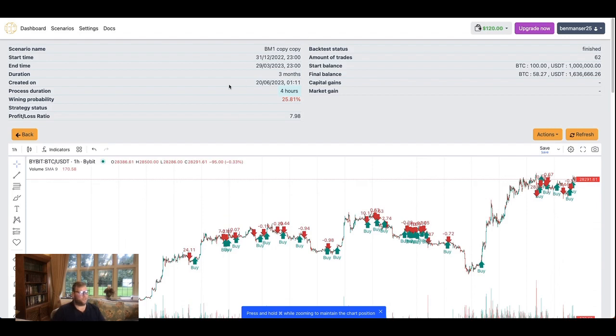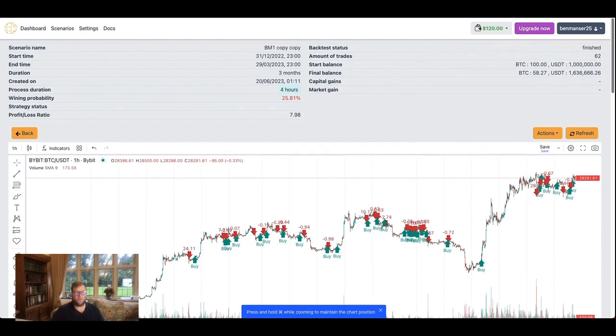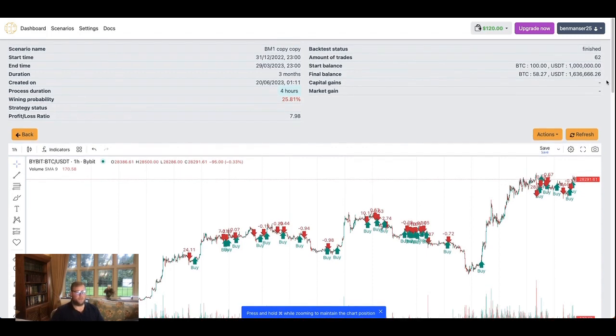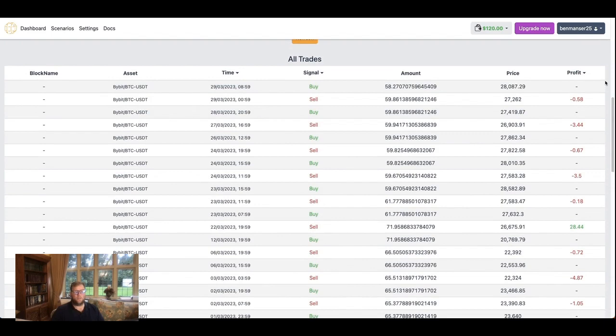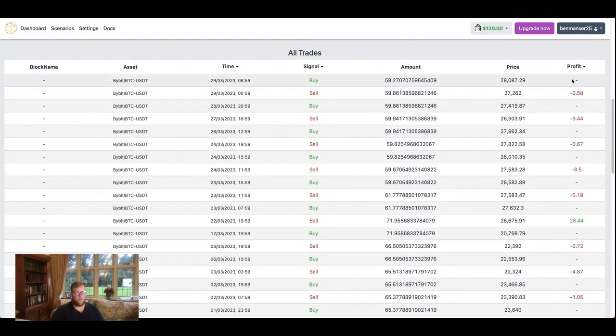You've got a few metrics up here: what your starting balance was, what your end balance was, the number of trades, the winning probability. We're working on a few more risk metrics to put in here and some output that's really going to provide value. And you can see down here at the bottom the actual trades themselves, what happened, whether it bought, whether it sold, what price, whether it was profitable or not.